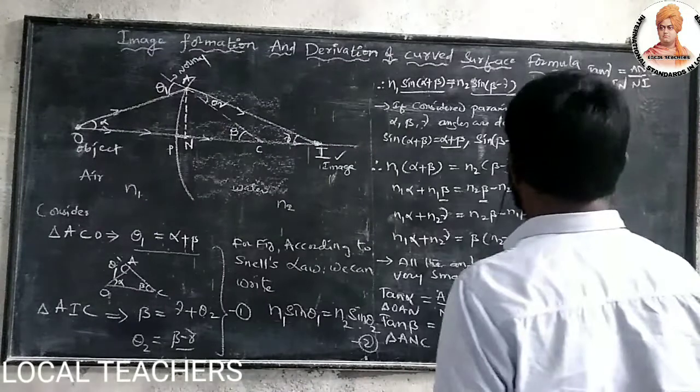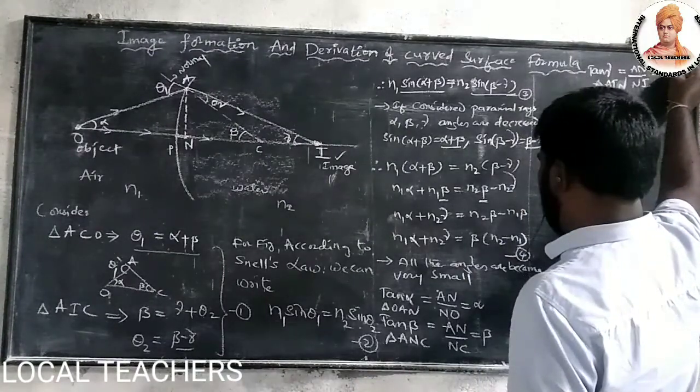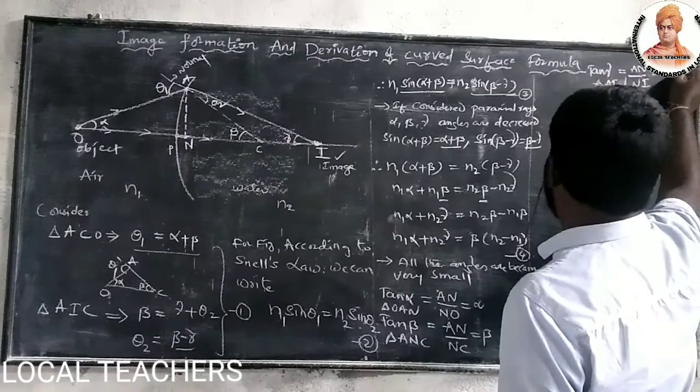So consider these three as tan alpha, tan beta, tan gamma.